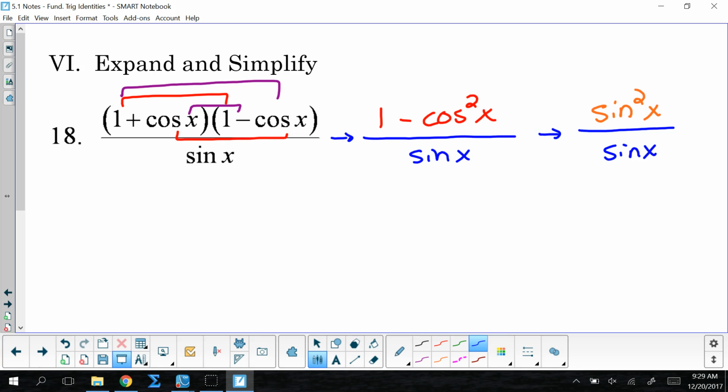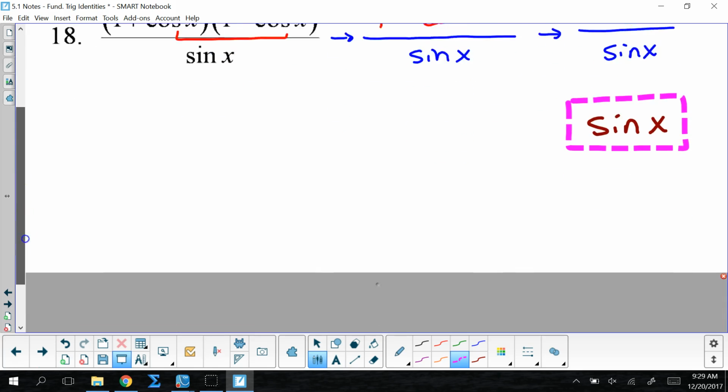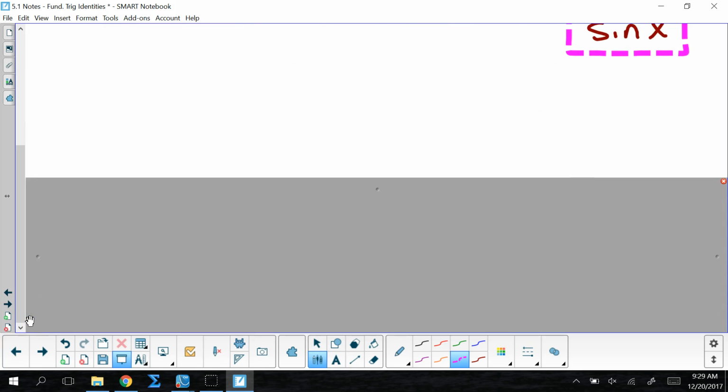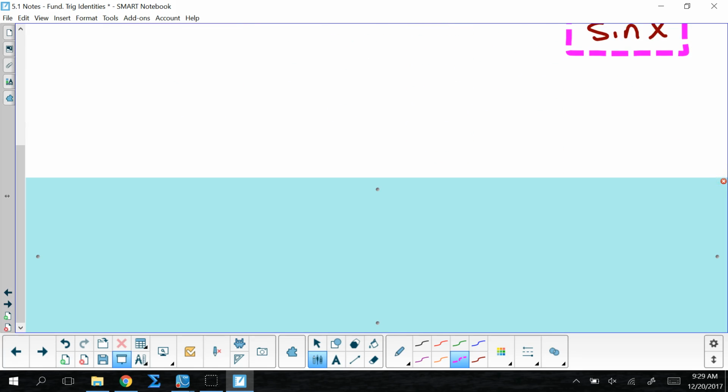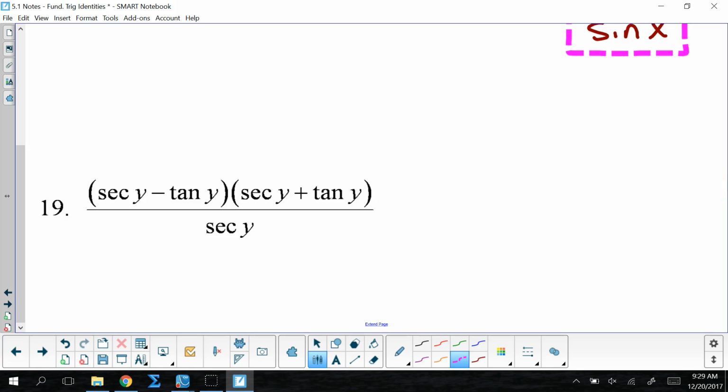Sine squared divided by sine is... good. Try, oops, I gotta unmask it first. Unshade it. There you go, try that one.